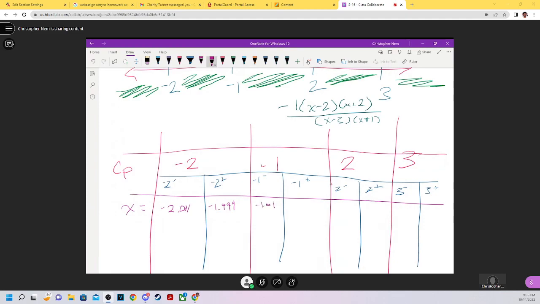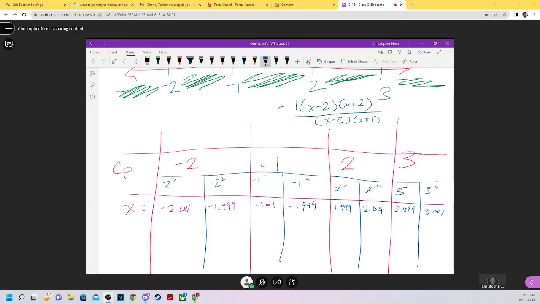To the right, negative 0.999. 2 to the left, positive 2 to the left, which is going to be 1.999. 2 to the right, 2.001. 3 to the left, which is 2.999. 3 to the right, 3.001. These are going to be our test points that we're going to use.